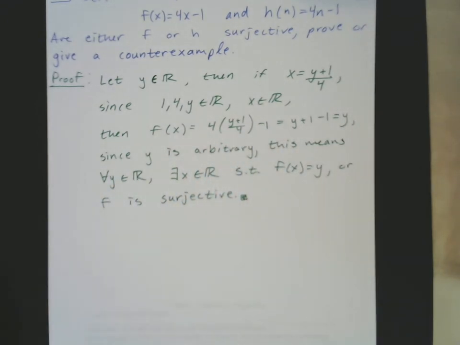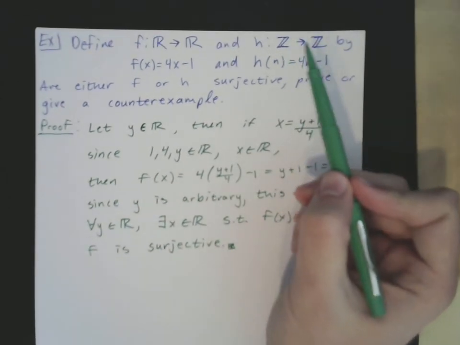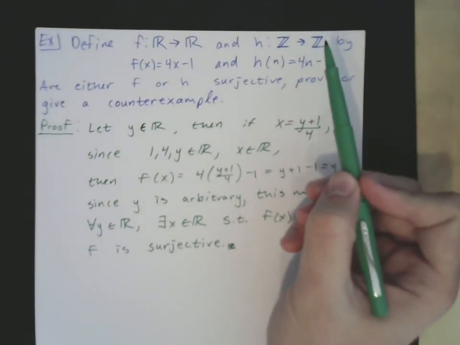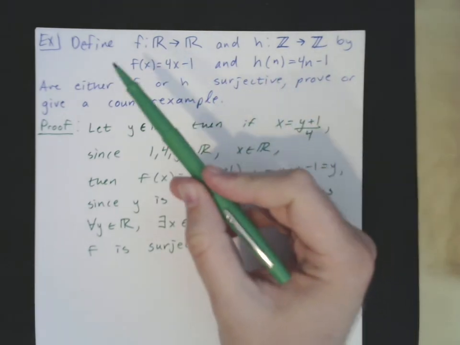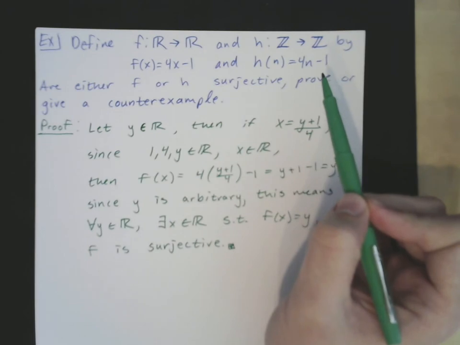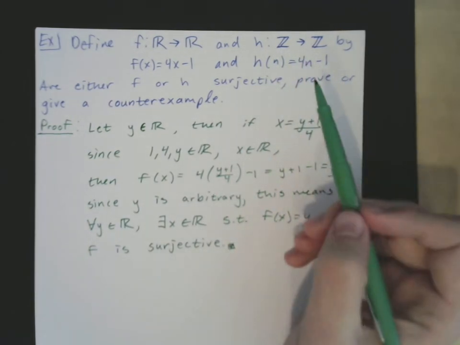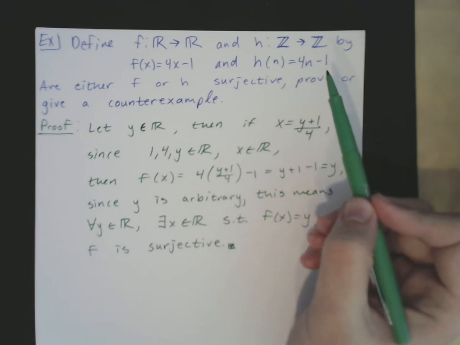But the important part of this example is when we change our domain or codomain, or both in this case, how we have a surjective function, but h is not surjective. So there's integers mapping to integers, and we have the line 4n minus 1.